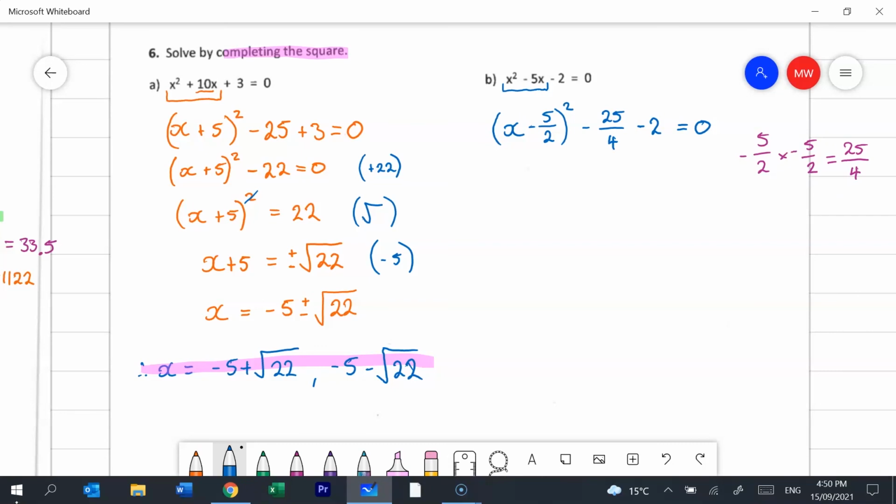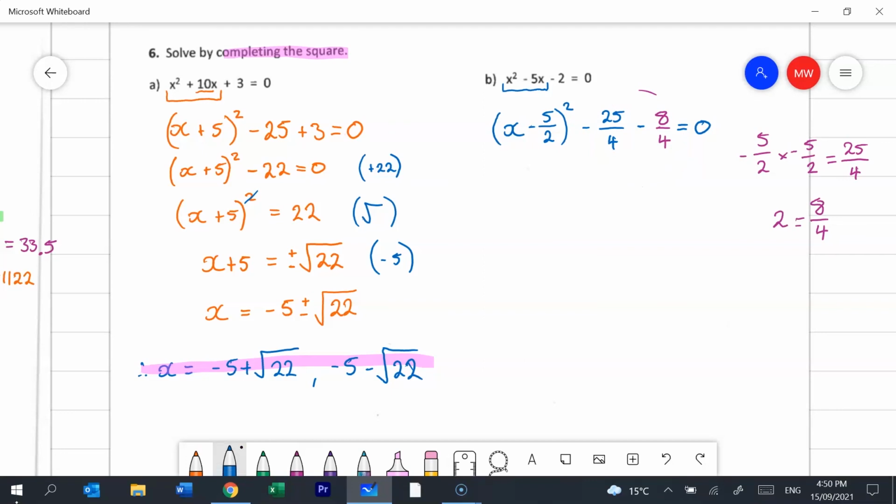So what I'm going to do is I'm going to make an equivalent fraction. So 2 is really equivalent to 8 quarters. So I'm just going to change that to 8 quarters. And that way, these two are going to be easier to simplify.